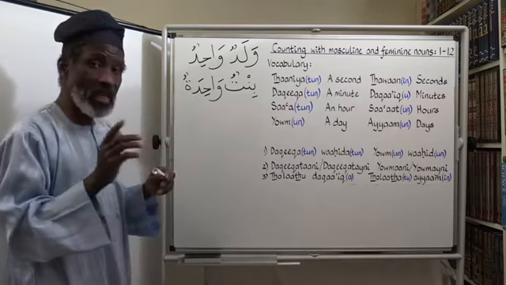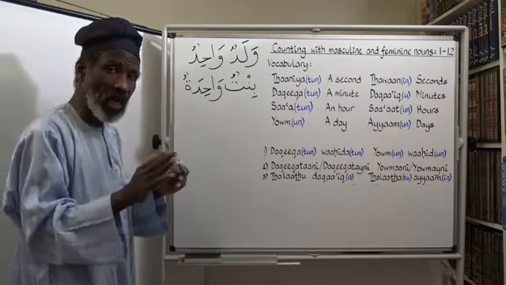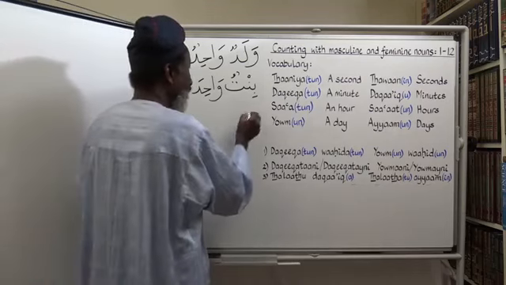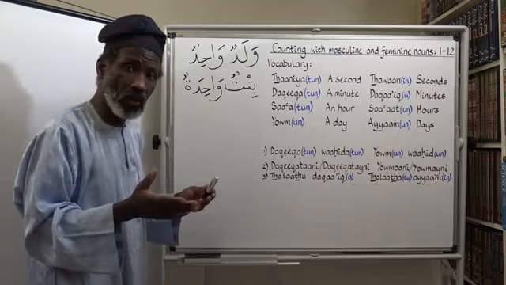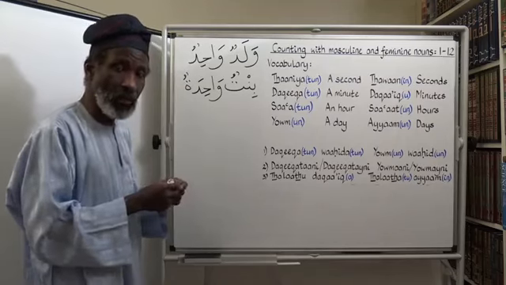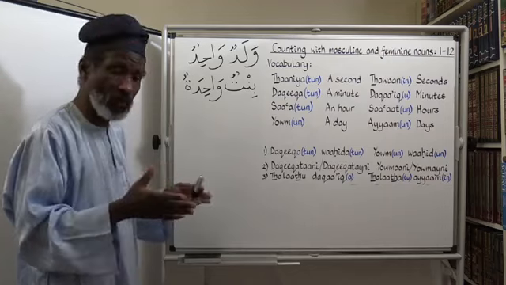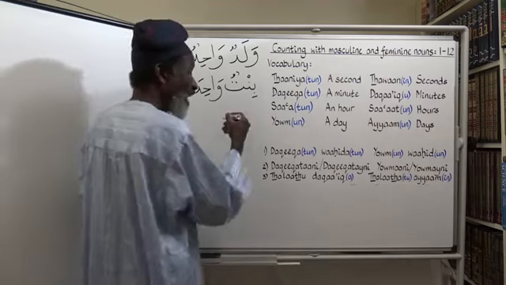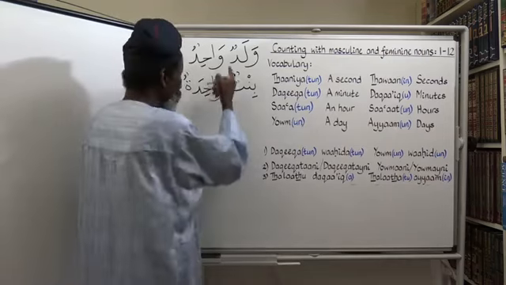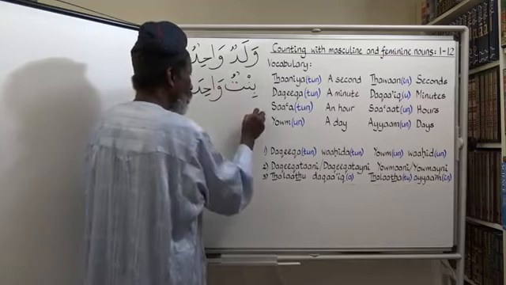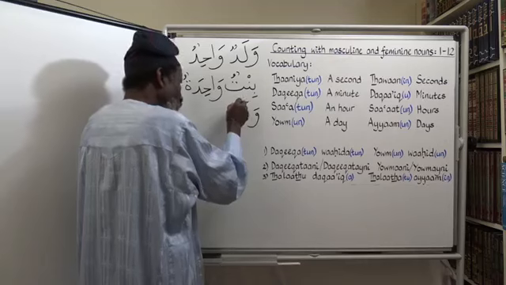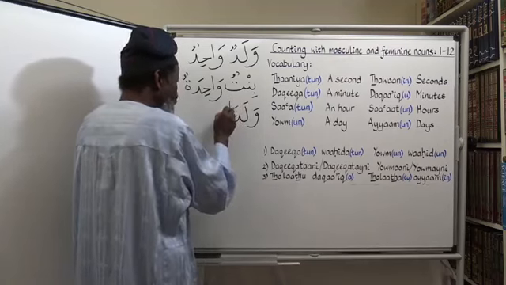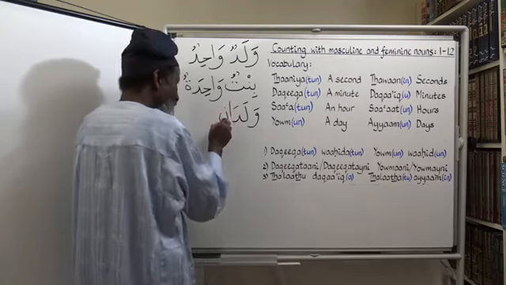Now, number 2 is the same way. To make any noun dual, 2, the pattern, as I explained previously, is the ending ani or aini. So waladun becomes wa, la, and this one we put a, extend with the alif, and then ni.